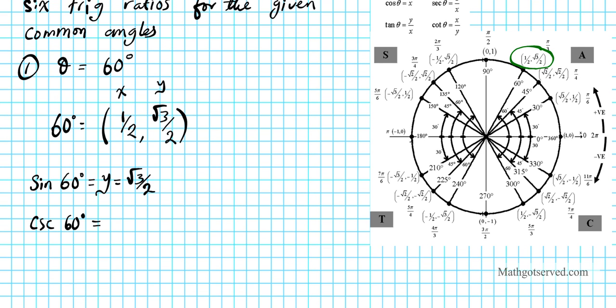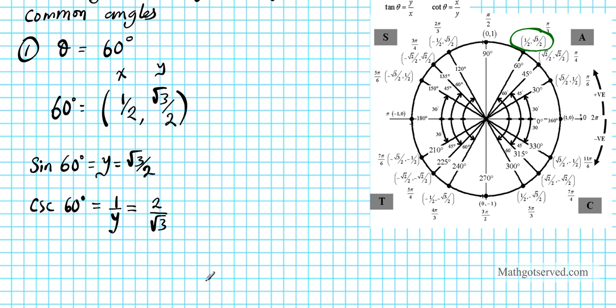So I can reciprocate sine, which yields 2 over root 3. Since we cannot have a radical in the denominator, we rationalize the denominator by multiplying root 3 top and bottom. That gives us 2 root 3 over 3 for cosecant 60.